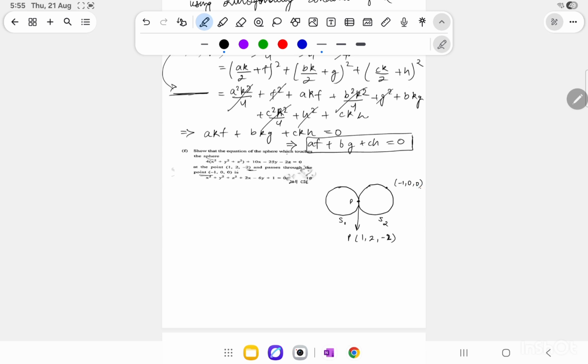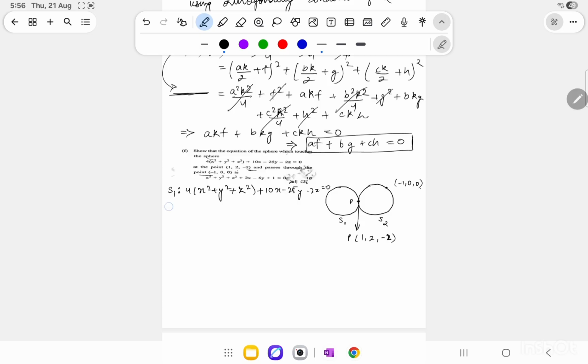So in the question they have given me the equation of one sphere. Let this one be S1. So S1 is x square plus y square plus z square plus 10x minus 25y minus 2z equals 0.